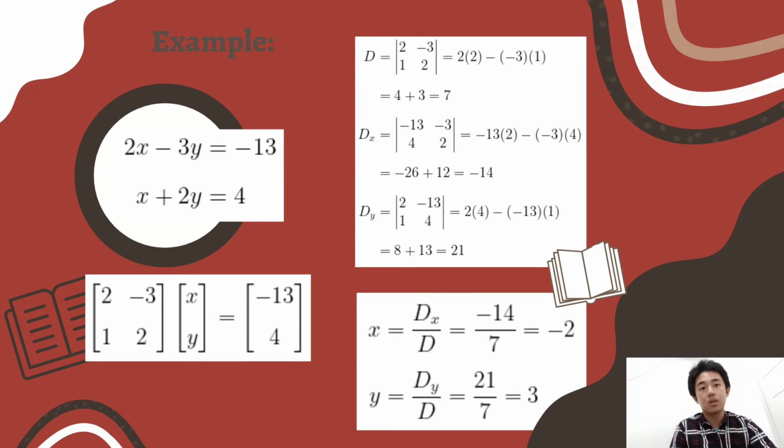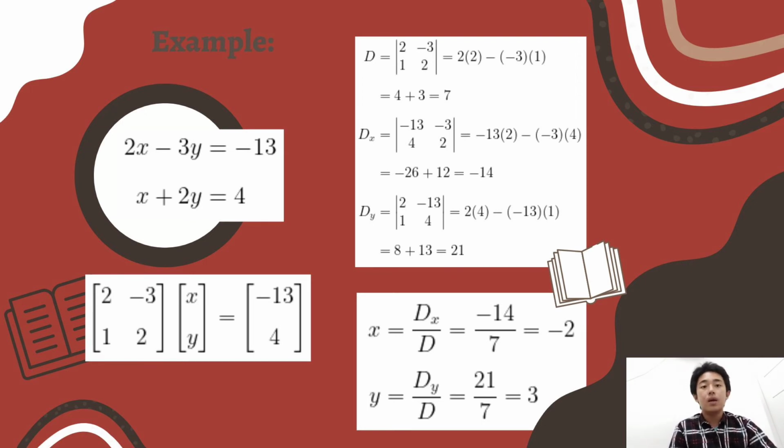So negative 13 times 2 minus negative 3 times 4 gives us negative 26 plus 12, which equals negative 14.